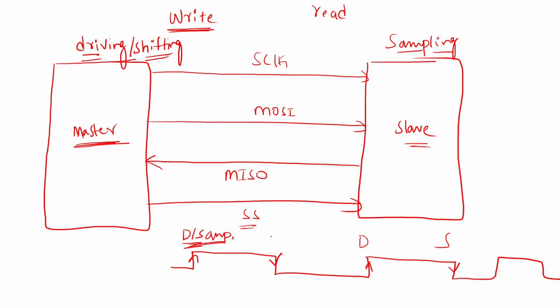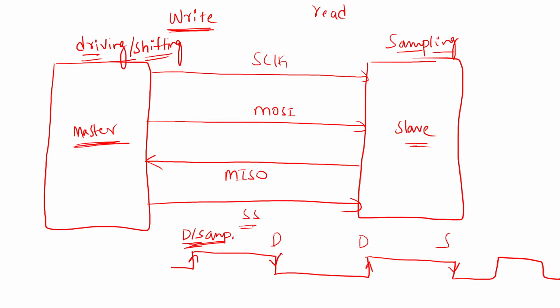Or if you are driving at the negative edge, you do sampling at the positive edge. This is how we avoid the race condition. If driving and sampling happen at the same edge, we get a race condition, in the sense that we are not going to properly sample the data. So we drive at a particular edge and sample at a particular edge.